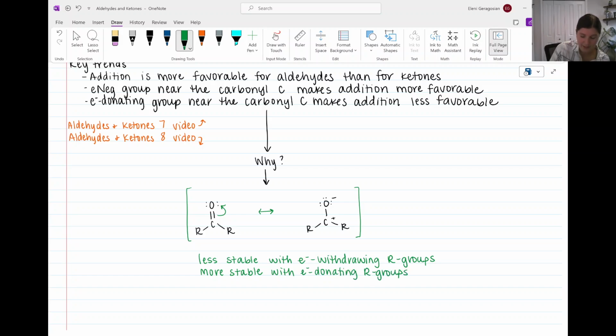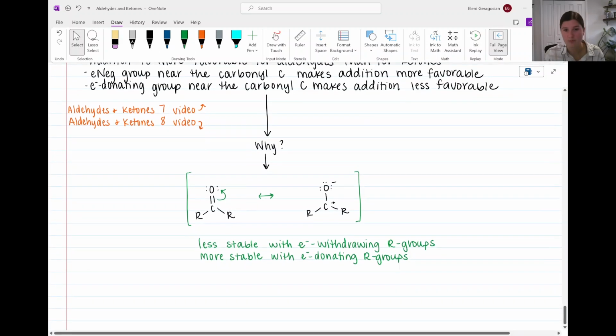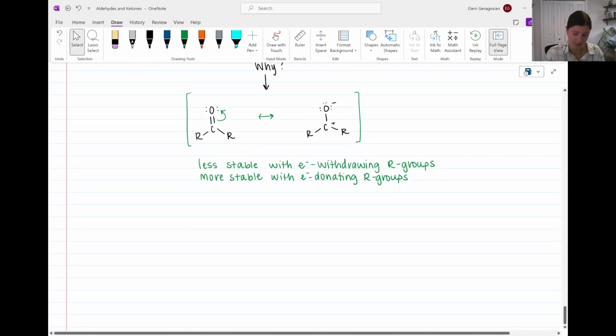And remember, if something is less stable, it is more reactive. If something is more stable, it is less reactive. So we can think about relative reaction rates on a reaction coordinate diagram.